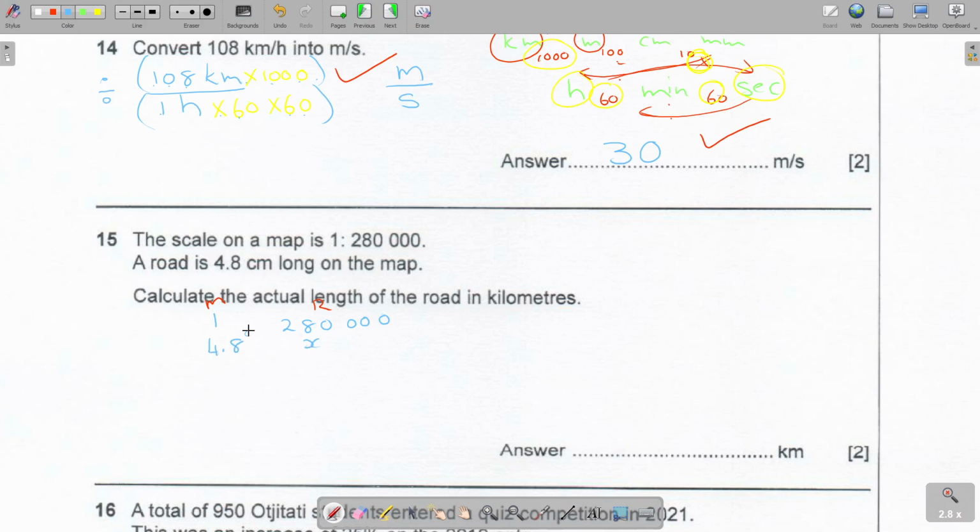Now remember, if this is in centimeters, x will also be in centimeters. So if I cross multiply with direct proportion, I get 1 times x is x, and 4.8 times 280,000.